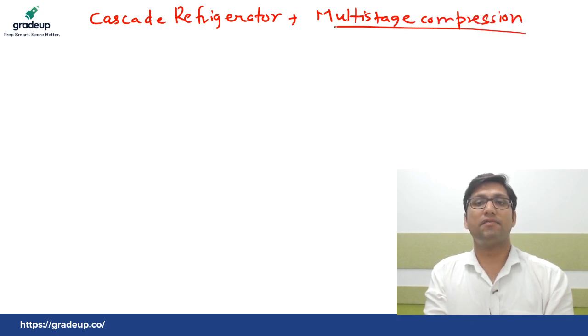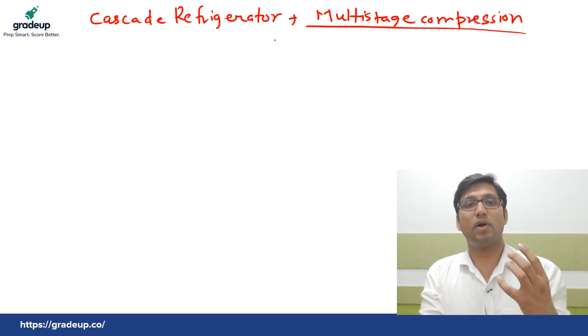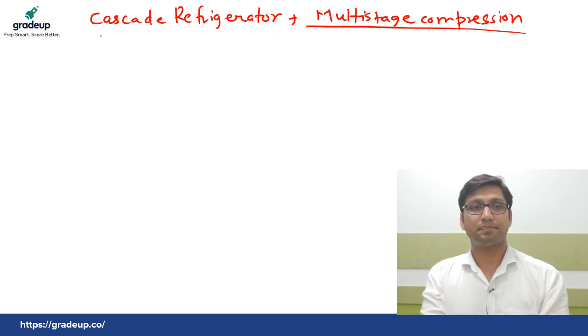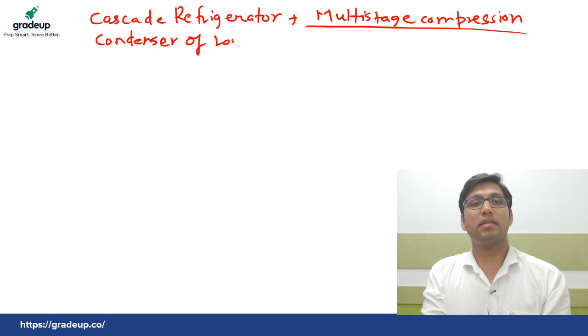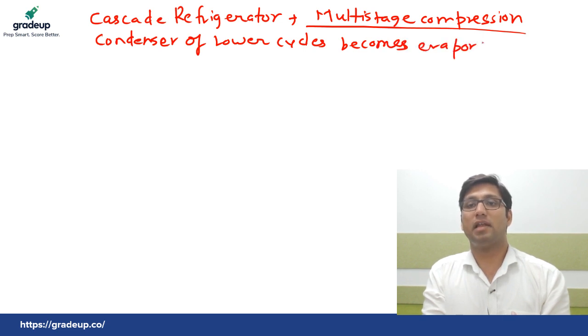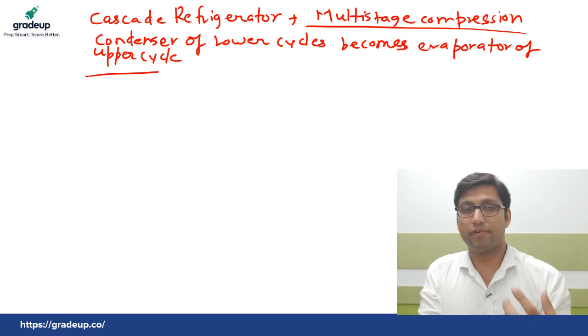In the cascade refrigeration system, it consists of two cycles, lower cycle and upper cycle, and the condenser of the lower cycle becomes the evaporator of the upper cycle. You have to remember this thing in the case of cascade refrigerator.